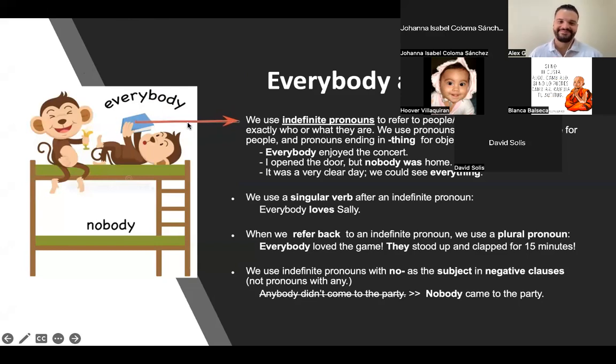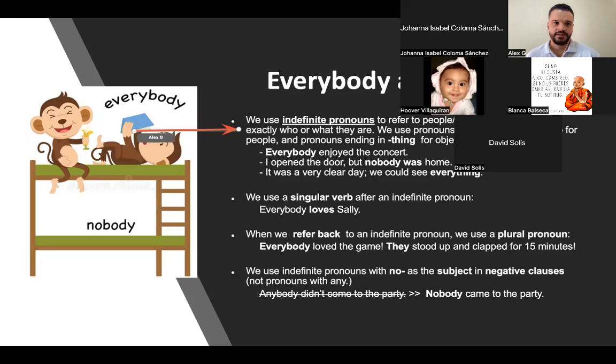Okay. We use indefinite pronouns to refer to people, things, without saying exactly who or what they are. We use pronouns ending in body or one for people, and pronouns ending in thing for objects.